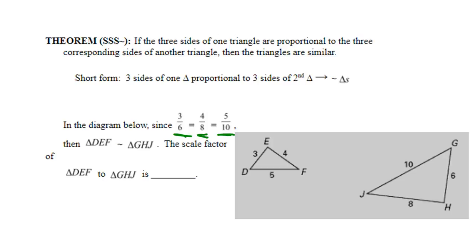Since we have a proportion of 1/2, then we can say yes, those are in fact similar because those three sides are all proportional. The scale factor of DEF to GHJ is going to be 2. So we're going to multiply the smaller factor by 2 to get the larger one. And that's our proportion. We have three sides that are proportional. That tells us those triangles have to be similar.